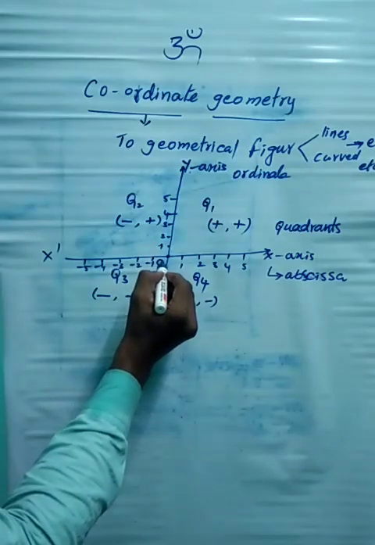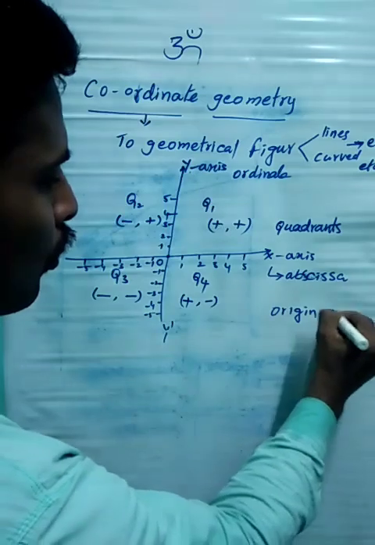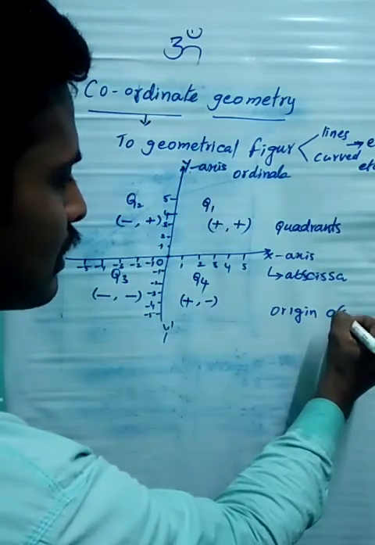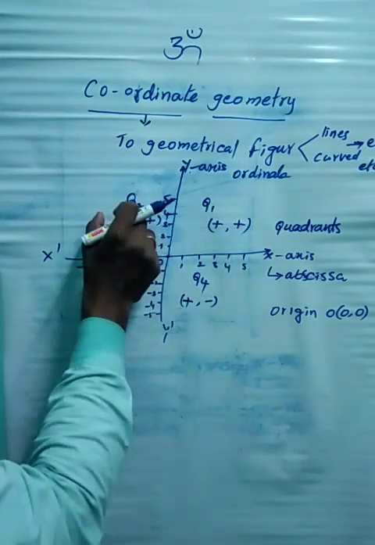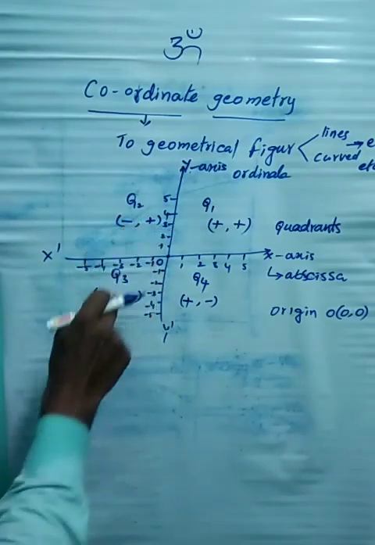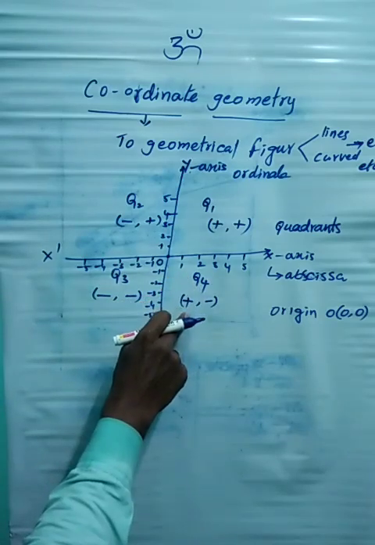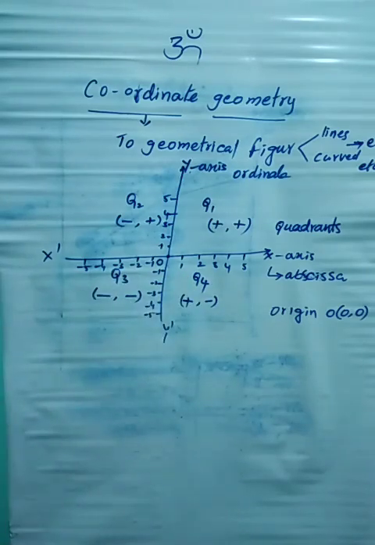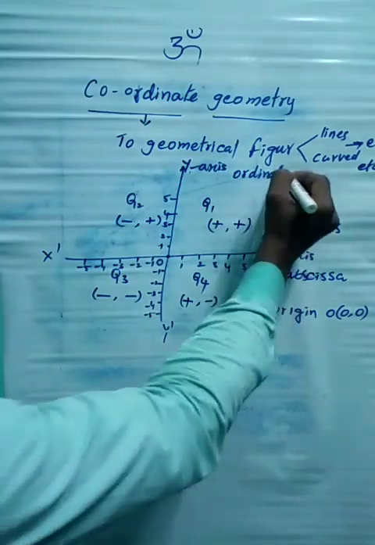When the two axes meet, that means origin O. On origin O, the x axis value is 0 and the y axis value is 0. So in quadrant 1 we take positive values only. In quadrant 2, x axis is negative and y axis is positive. Quadrant 3, x axis negative, y axis also negative. Quadrant 4, x axis positive, y axis negative. So x axis is also known as abscissa and y axis is also known as ordinate.